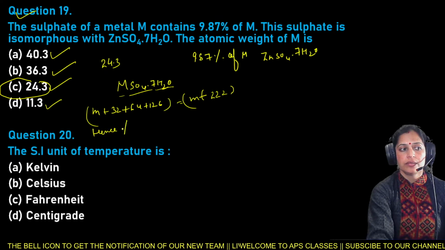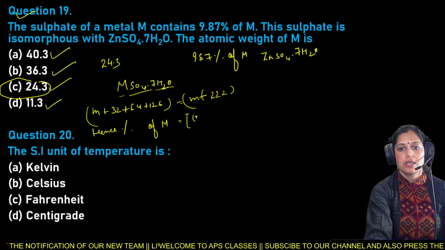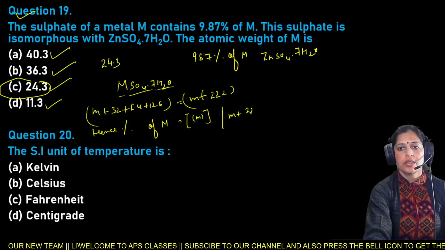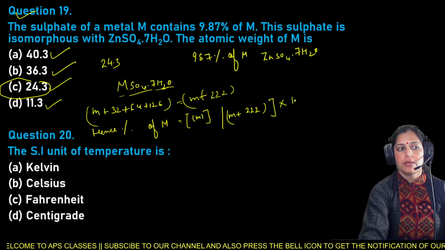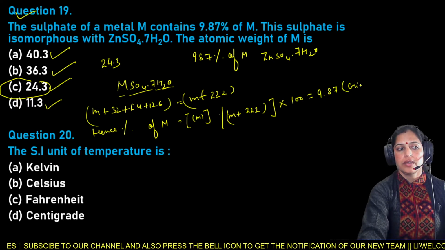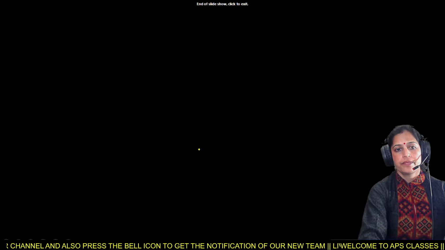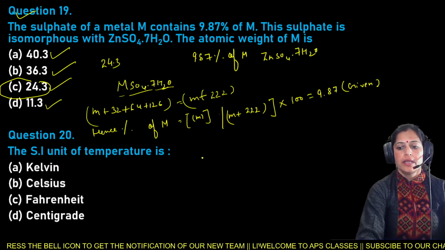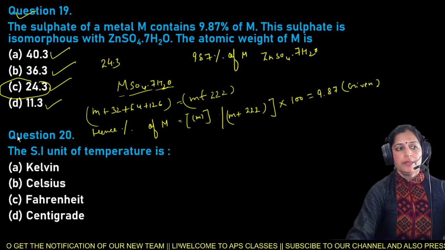Hence the percentage of M is M divided by (M plus 222) multiplied by 100, which is equal to 9.87, given.